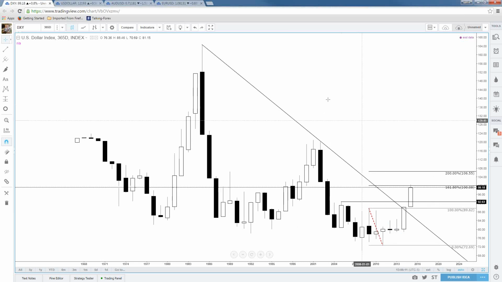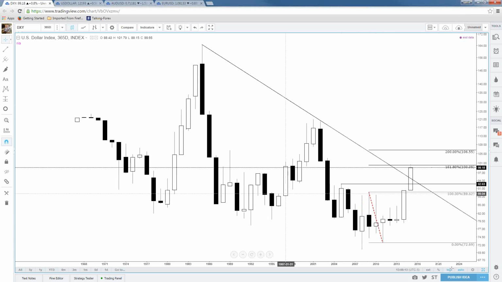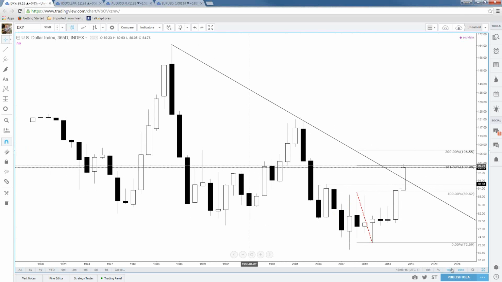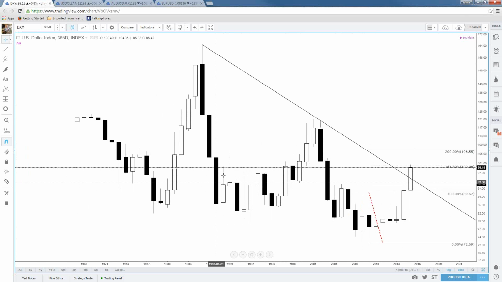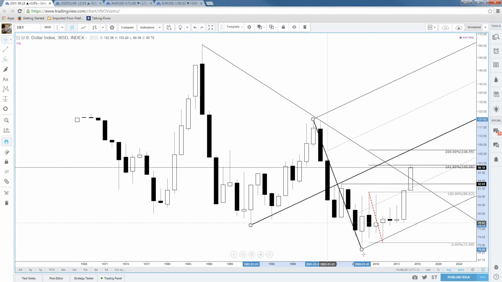So where from here? Well, I think a few things to point out. This is log scale now. A few things to point out on the long-term yearly candle chart of the US dollar is the market can continue to go a lot higher.